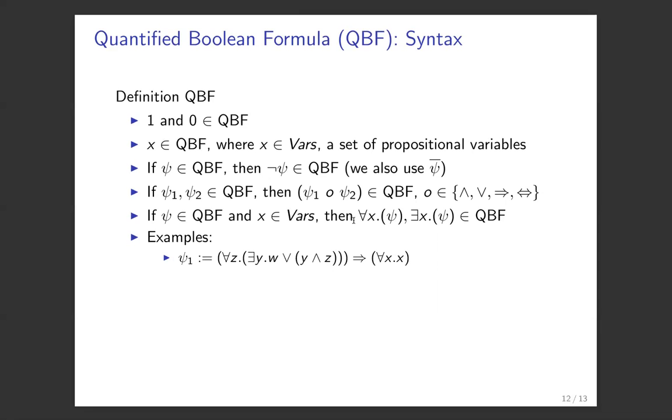This is how first order predicate calculus is defined, except what is the difference between first order predicate calculus and the way that I've defined here? The domain can be any arbitrary set there. That is one difference.